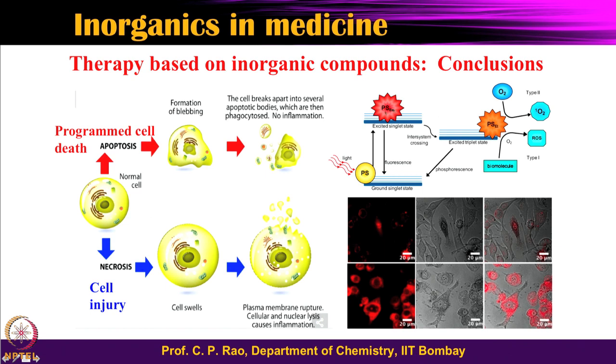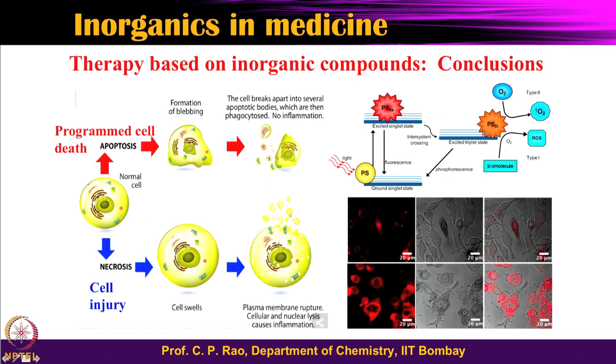Or it can also go through inter-system crossing, where the singlet excited state will turn into a triplet excited state, and the actual emission occurs from the triplet excited state. If the emission occurs from the triplet excited state, it is known as phosphorescence, and if the emission occurs from the singlet excited state, it is known as fluorescence.